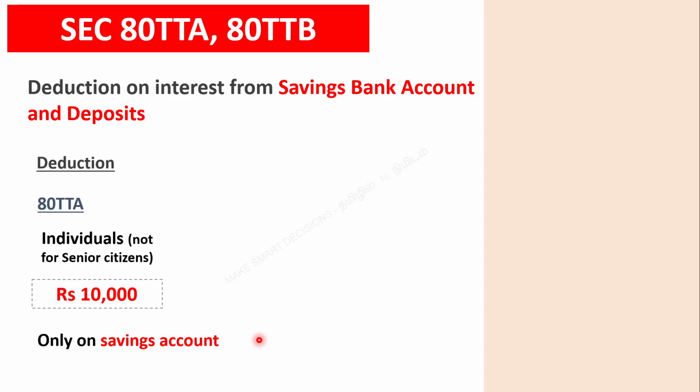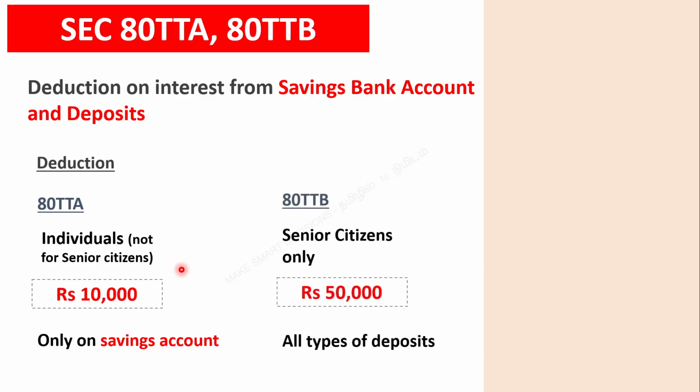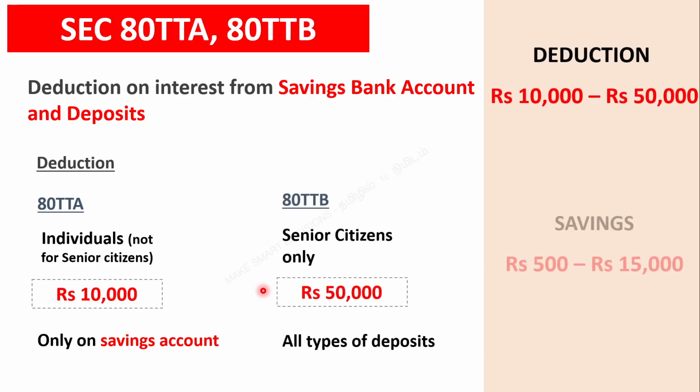So for the entire 4,000 rupees, you can claim deduction under this section. Let's say you keep around 25 lakhs in savings account, and you get around 12,000 as interest, you can claim up to only 10,000. In case of senior citizens, this limit is up to 50,000 rupees. Hence, the tax saving will be between 500 to 15,000 rupees.